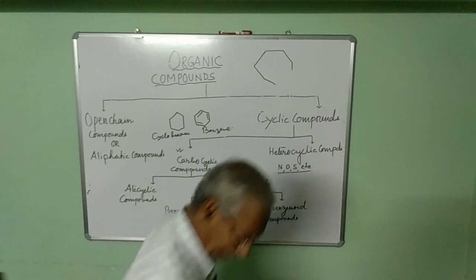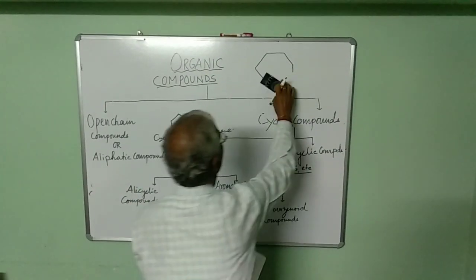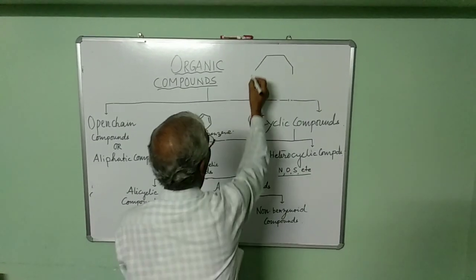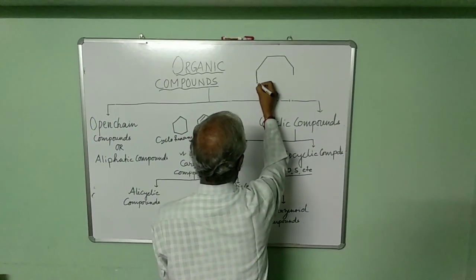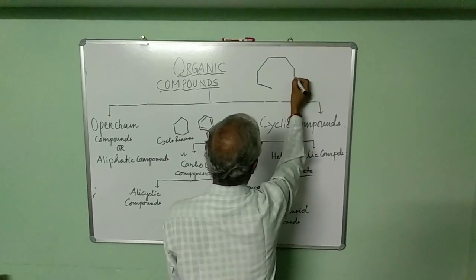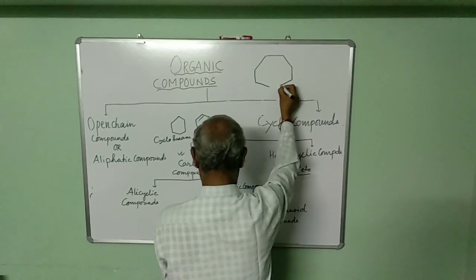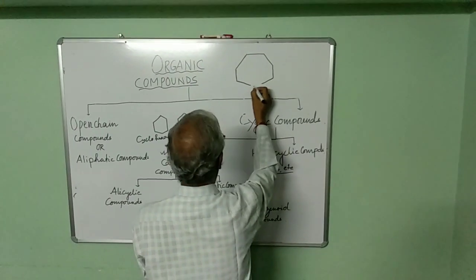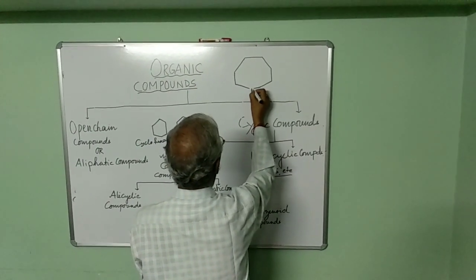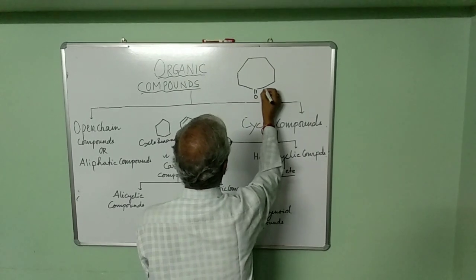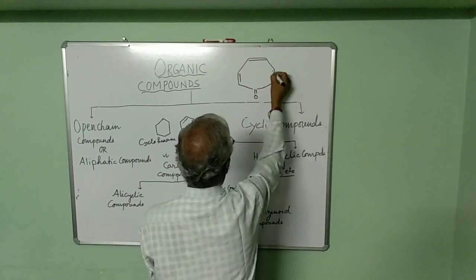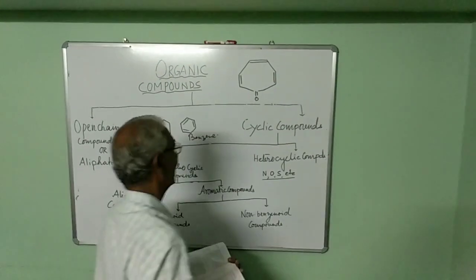In this way you can write: alternate double bonds. It is tropolone.